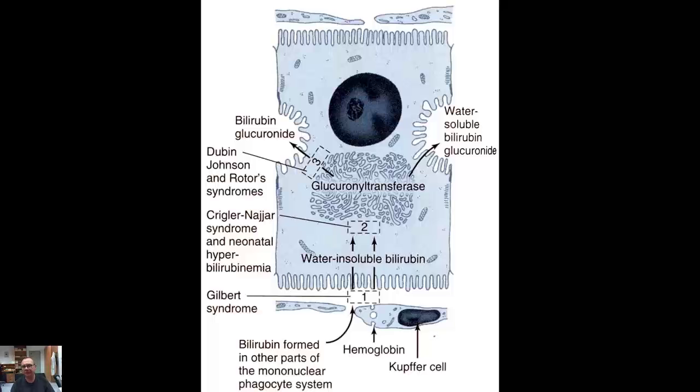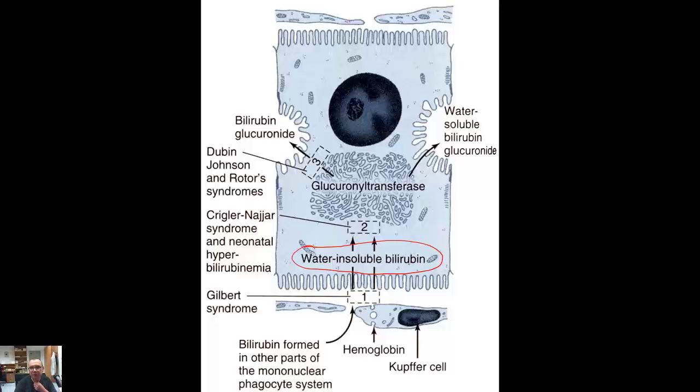So the bilirubin comes by venous blood from the spleen to the portal vein and so to the liver. This bilirubin is transported into the cytoplasm of hepatocytes, and it is water insoluble because it is not conjugated with glucuronic acid.